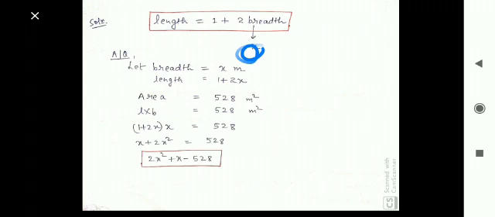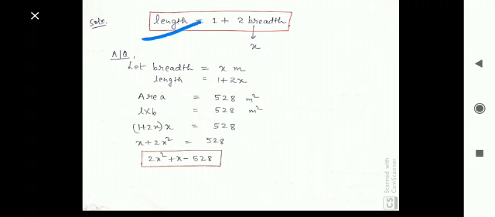It is given that length is 1 more than twice its breadth, means the length depends on the breadth. So we have taken breadth of the plot as x meter.